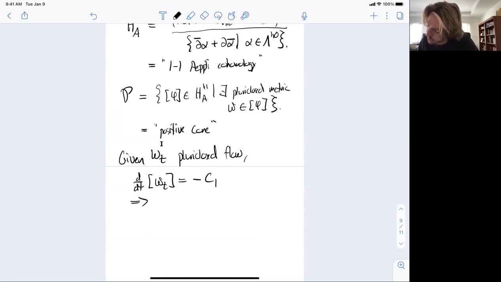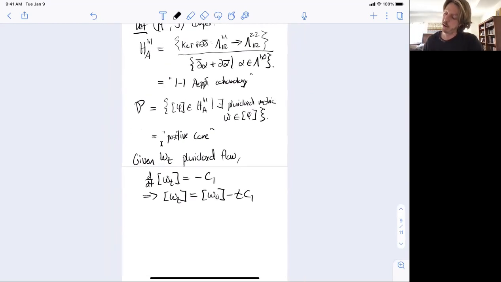And so as an equation in P, you get that omega_t is omega_0 minus t c_1. So I guess the thing to check is that you can take a usual representative of c_1, say with respect to some Chern connection, that will be a closed (1,1)-form.